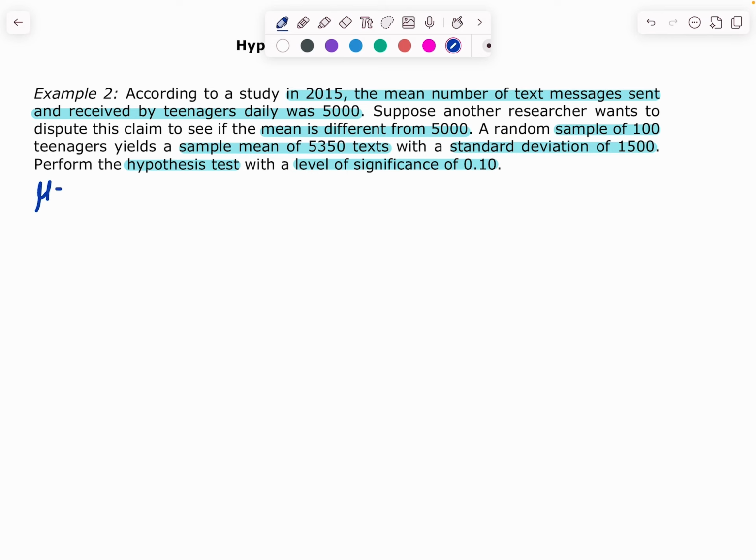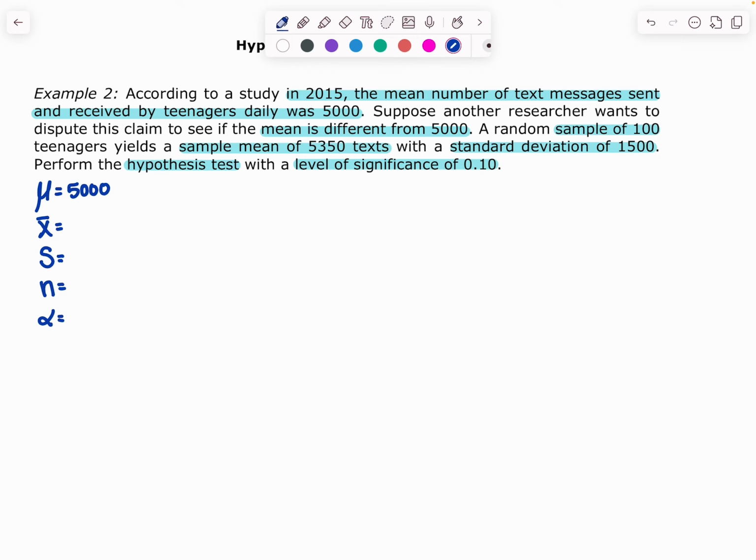So mu, x bar, s, n, and alpha to get me started. It's just a really funky looking alpha. So the previous mean that we know of was 5,000.